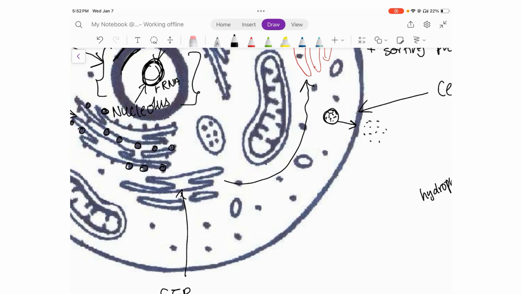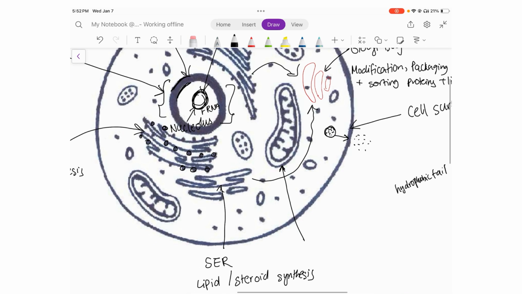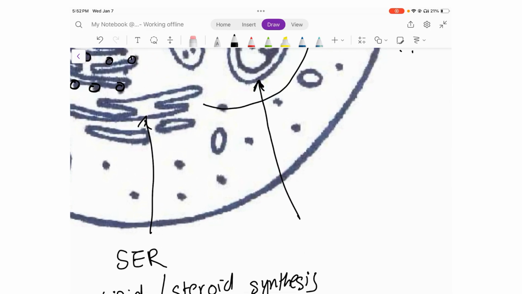Mitochondria right here is involved in ATP synthesis. ATP synthesis is responsible for the release of energy.